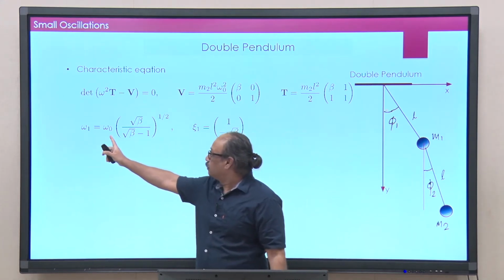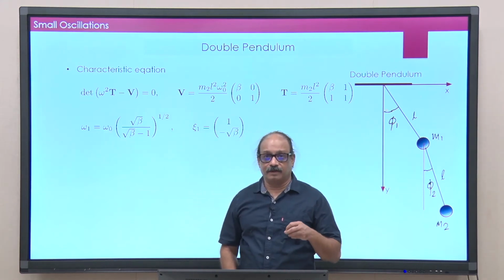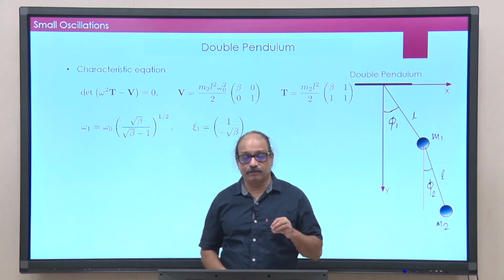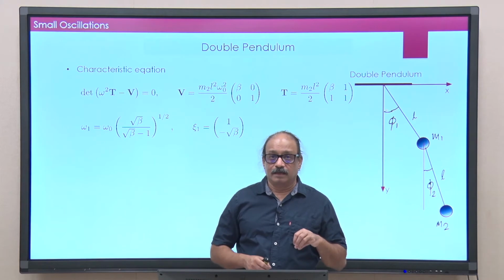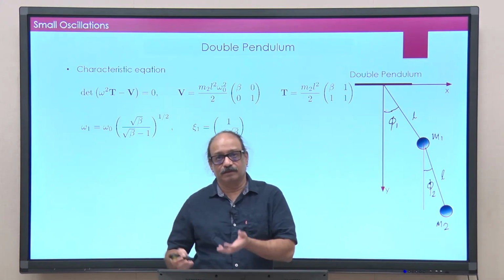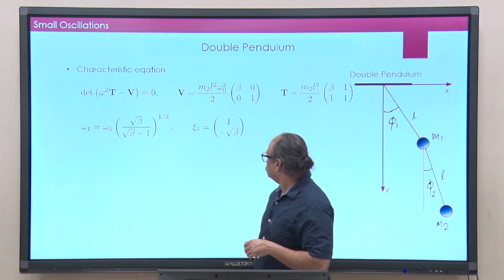Once I have found omega 1, I can now write down the equation for xi 1, basically omega 1 square T minus V operating on xi 1 should give you 0. So, you can solve this problem, okay, and you can get xi 1.